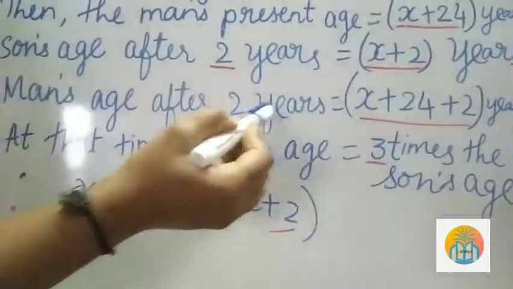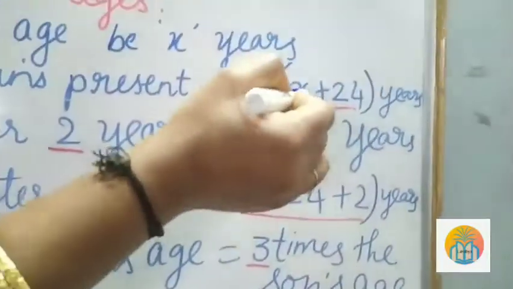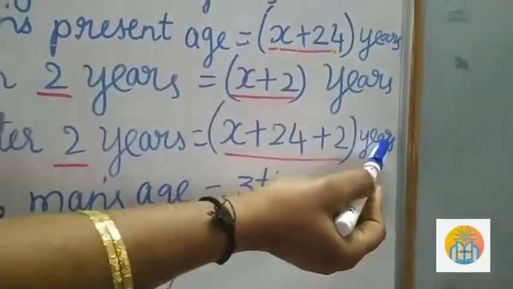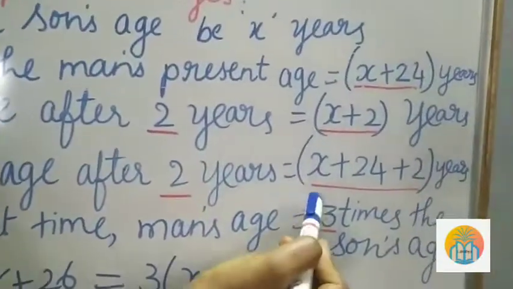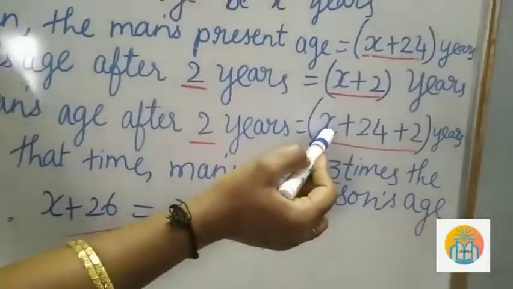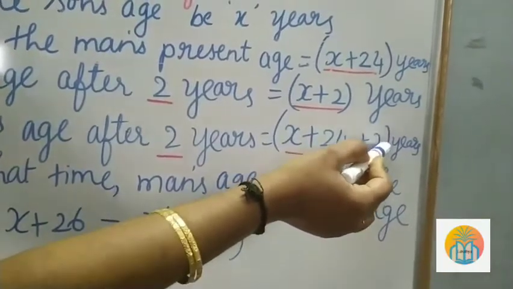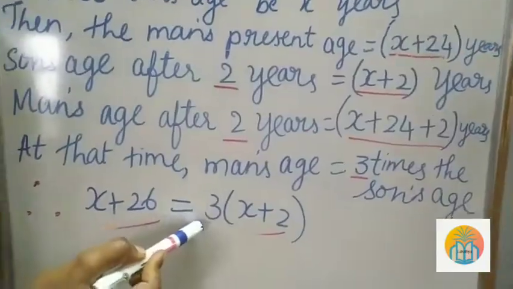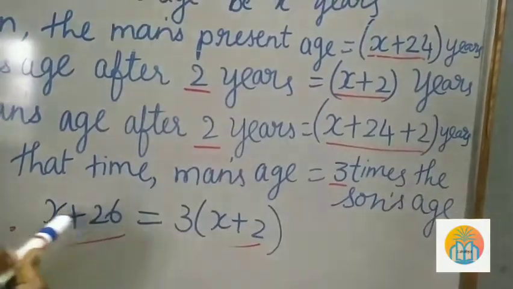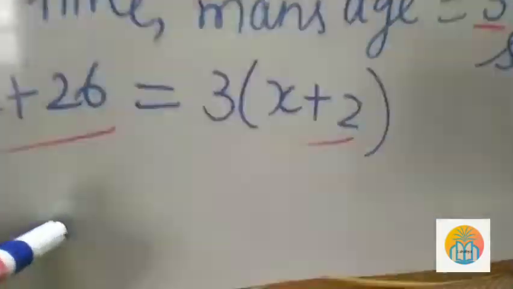So after 2 years, x plus 24 is the present one, and you have to add plus 2 years more, which will be equal to 3 times the son's age. So x plus 26, this is x plus 24 plus 2, is equal to 3 times the son's age. So this is the equation we have arrived at.